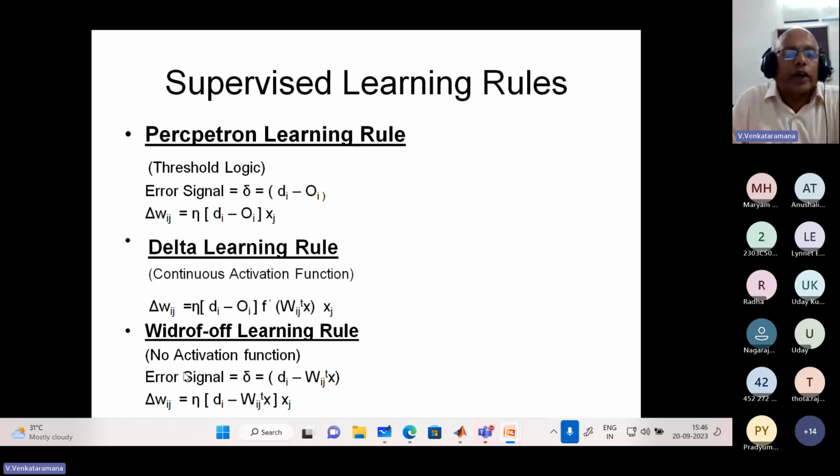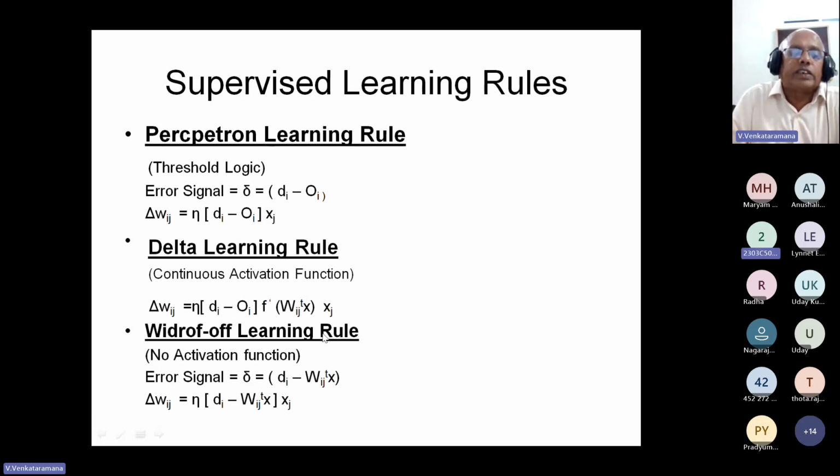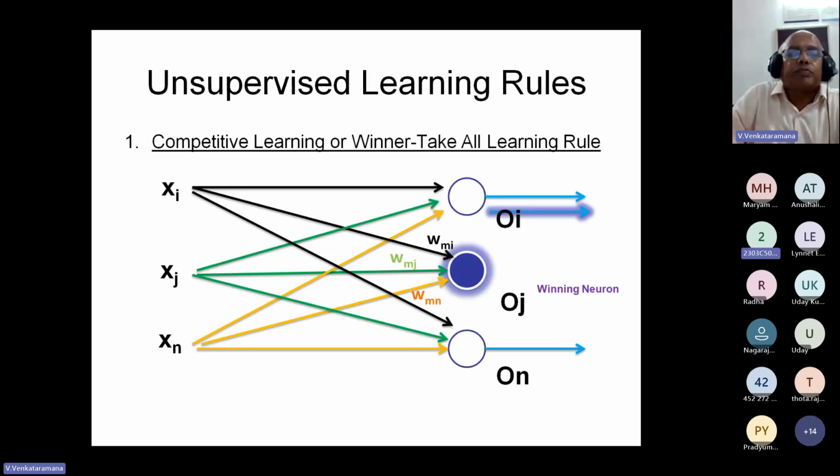In Widrow-Hoff, there is no activation function at all. There the change in weight is eta into (di minus oi) into x. Here o is nothing but function of net, but the function is not there. Therefore, my output is W transpose of x. Like this, we will decide what type of learning to use based upon what type of activation function you are using, according to the paradigm.